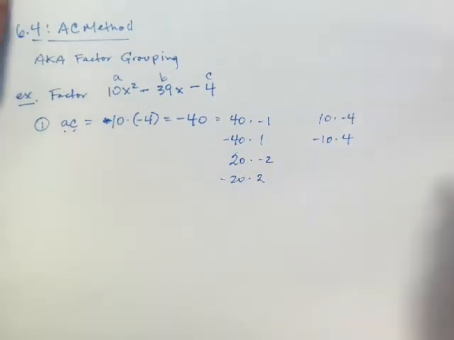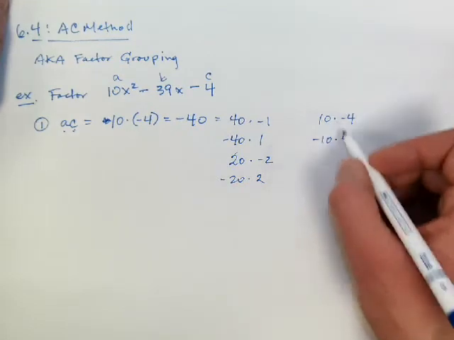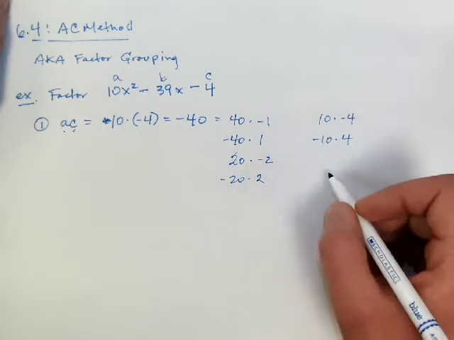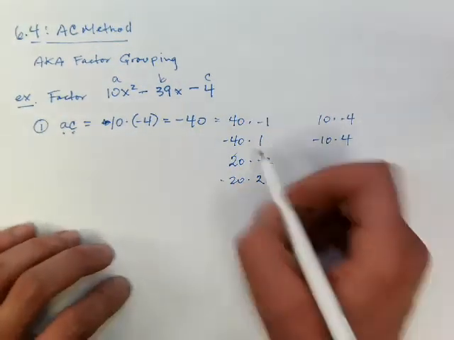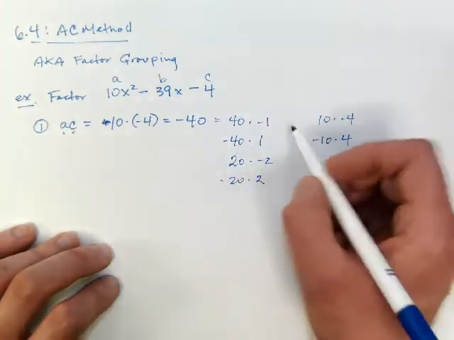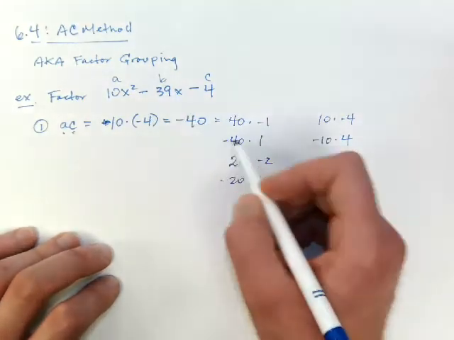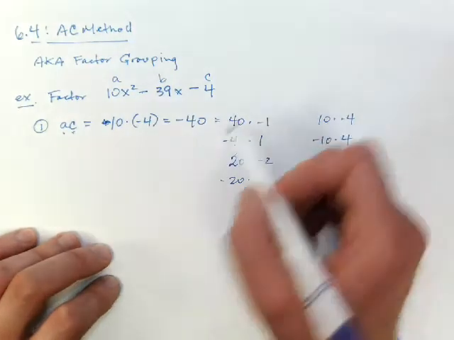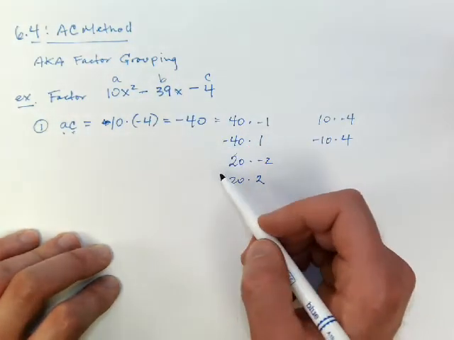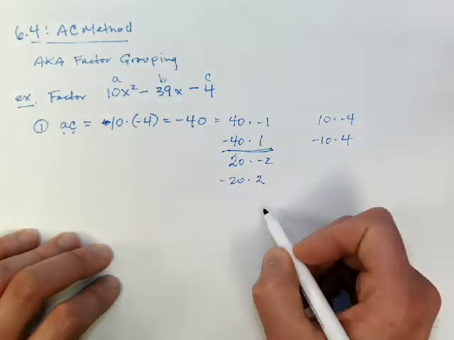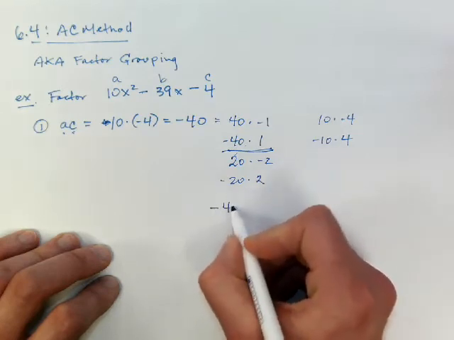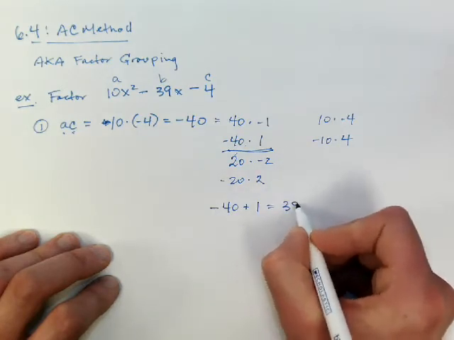And there's a lot of other options, I suppose, 8 and 5, et cetera. Now, I think it was pretty clear that 39 is almost 40, so we're going to pick numbers where one factor is small and one factor is pretty close to 39. I think we can see that that would work. Negative 40 plus 1 equals negative 39.